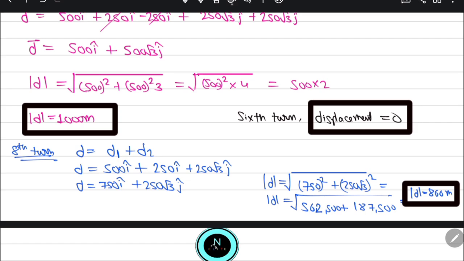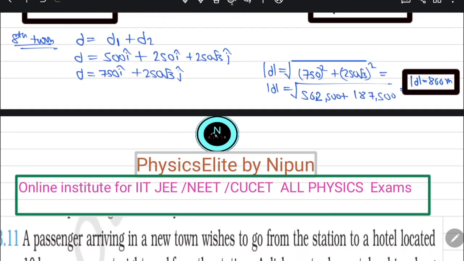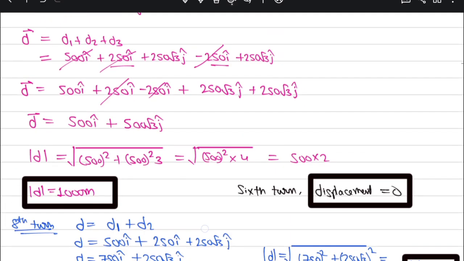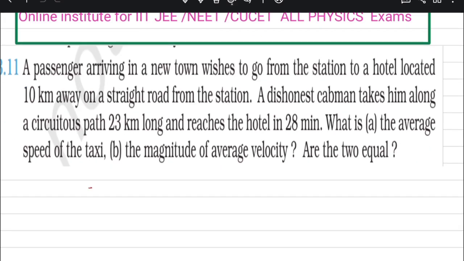Understood? This is a very good question and it takes time, but you can understand the concept. This is more important. Now I proceed to our next question.